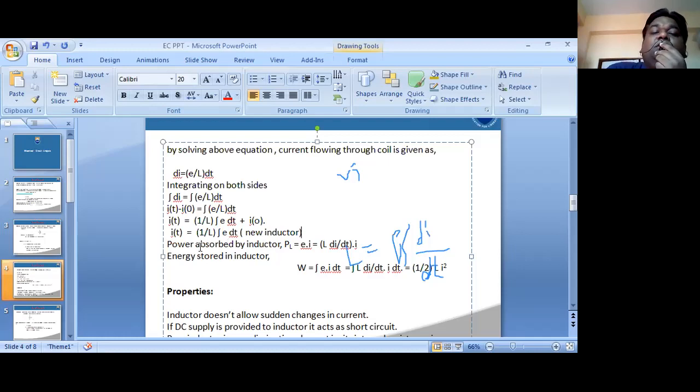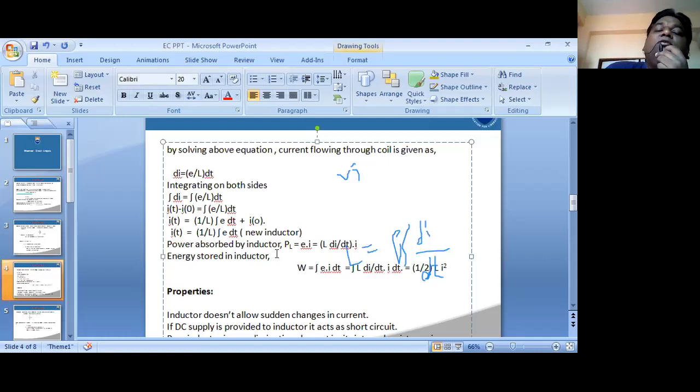Then power. Power absorbed by the inductor element, let us assume as PL, and we know the standard expression for power is the product of voltage and current. Here the voltage in the inductor element is E, and current is I, so E into I. And EMF induced in the inductor we know as L di by dt, so I have substituted L di by dt into I. So this is the expression for power in the inductor element.